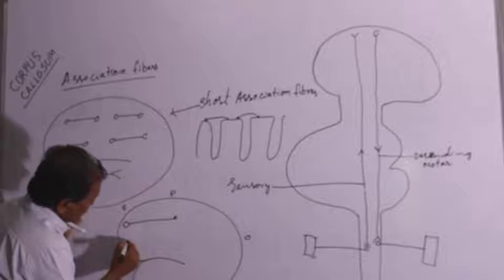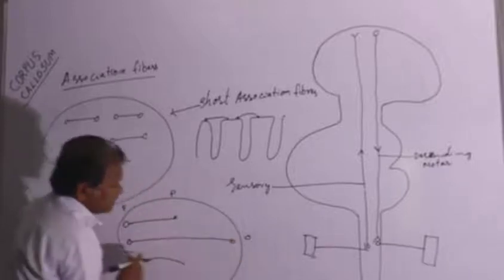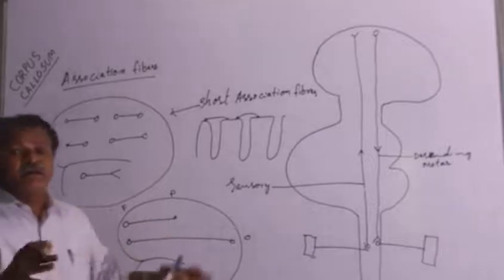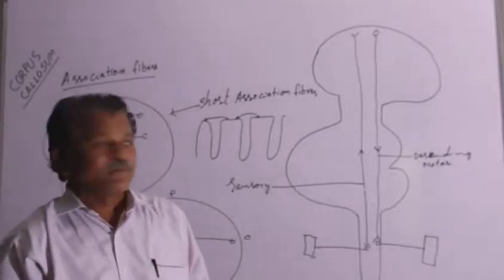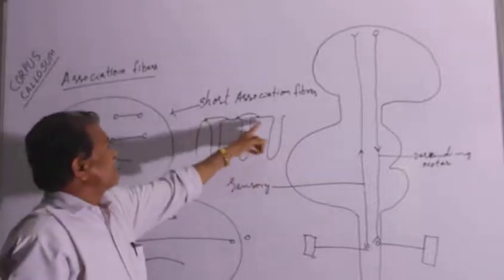Some cells are situated here and connect to the occipital lobe. They connect widely distributed gyri, whereas the short ones connect the neighboring gyrus.